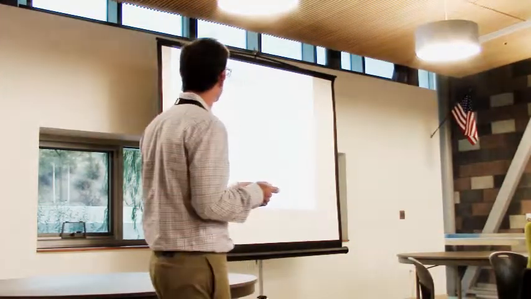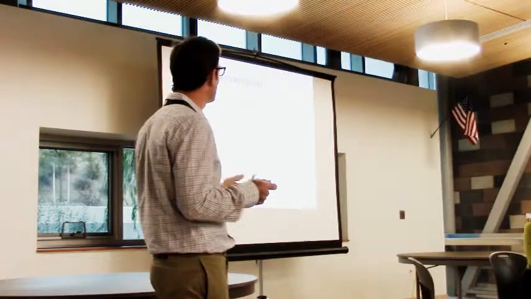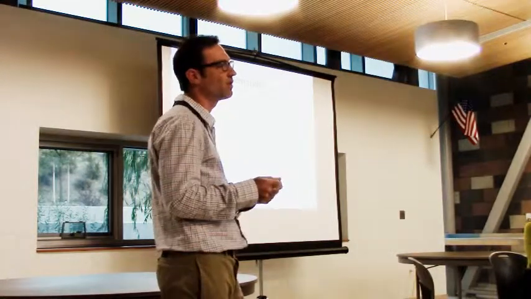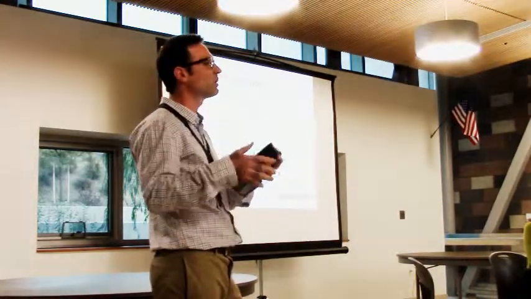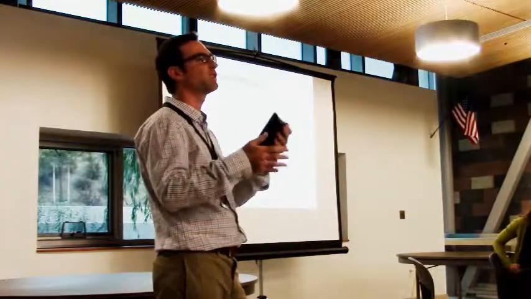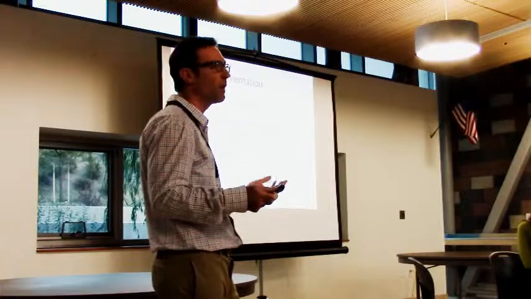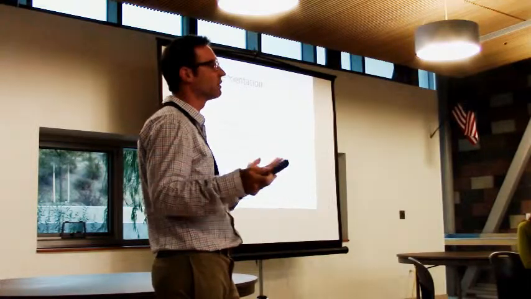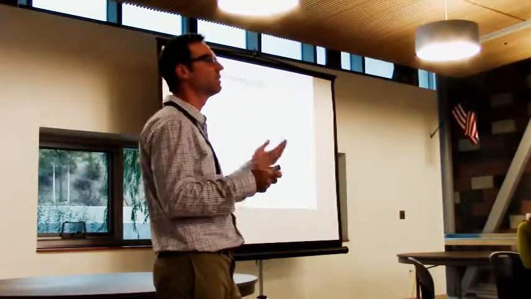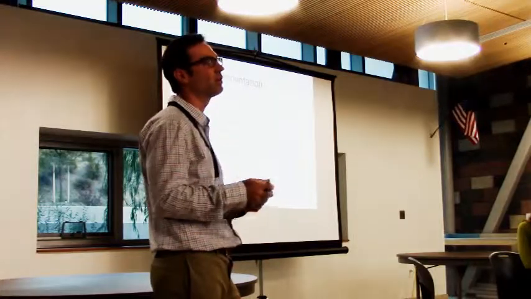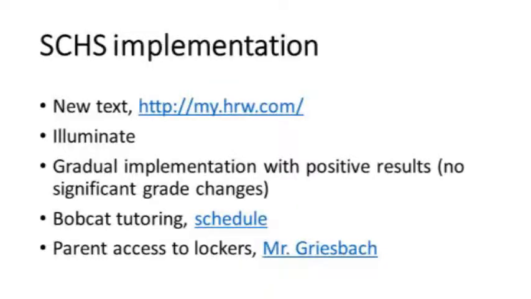In the math department, gradual implementation with positive results. We're doing things slowly but surely, putting some of these problems on our tests, putting these problems into our curriculum, and we're not getting dramatic drop-offs where all our kids are getting C's instead of A's. Our data is strong to show that that's not happening.